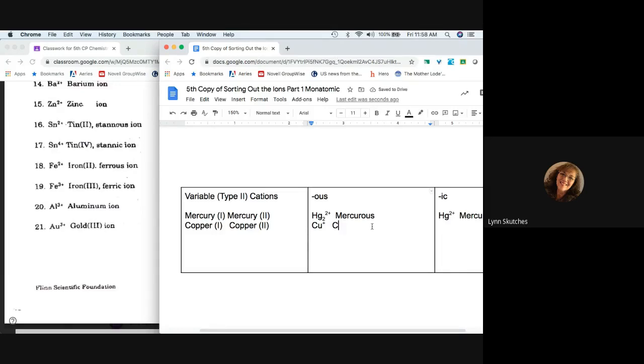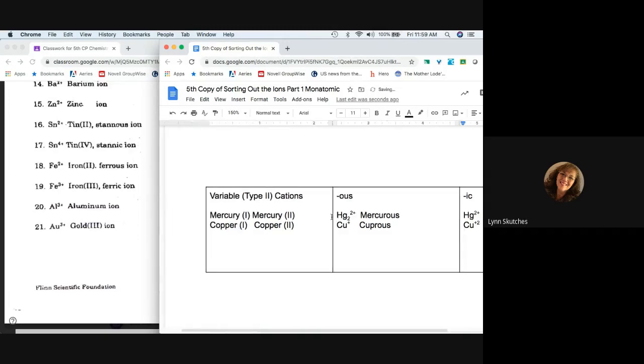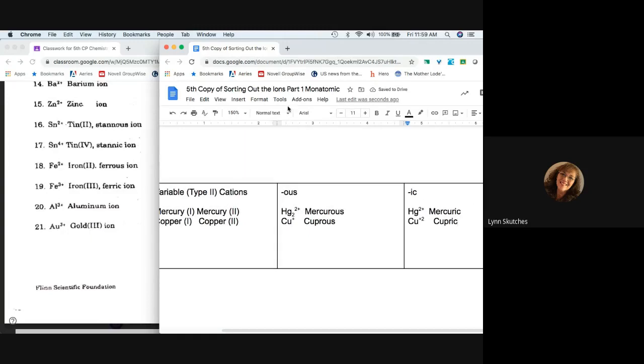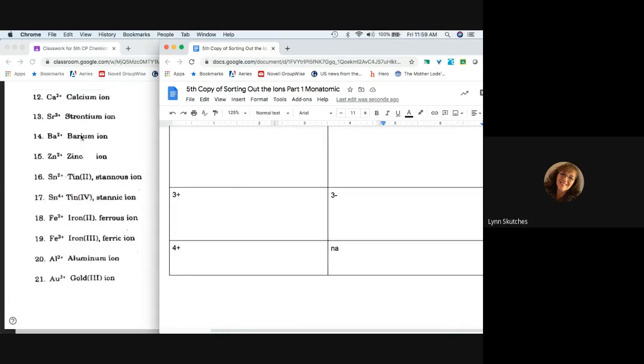So this is going to be cuprous. And again, save myself some typing. And this is going to be a 2, and this is going to be cupric. Right, and then you just march yourself on through.